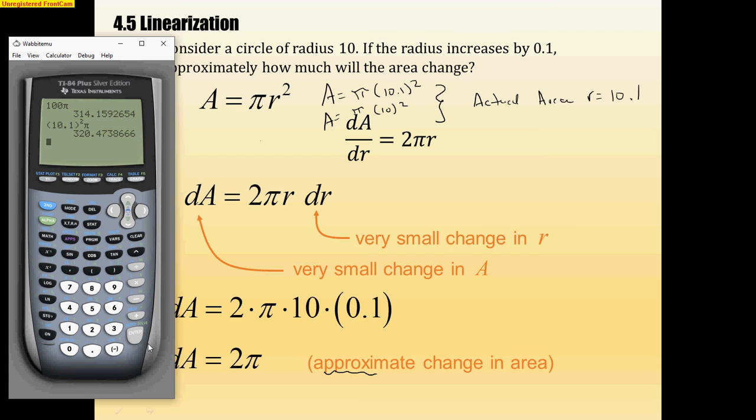Gee, what are you off by? 6.3-ish. We said the error would be approximately 6.28-ish, which of course rounds to 6.3.